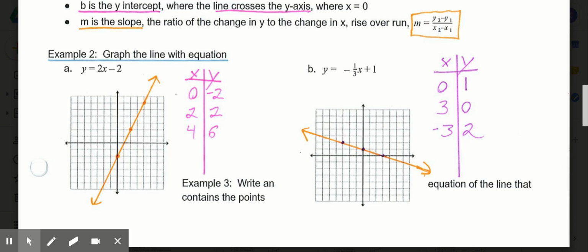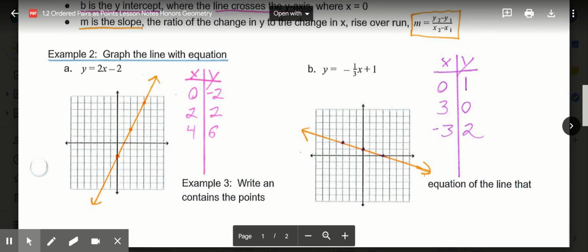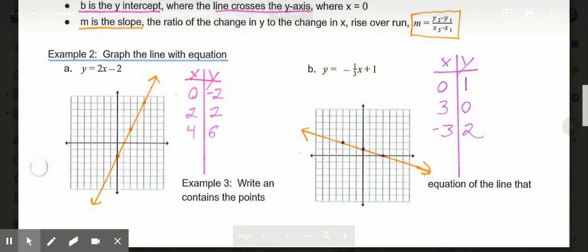One way, again, is to apply our x and y t-table. Using an x and y t-table, we can choose some coordinates for x and then solve for y by plugging that into our equation.